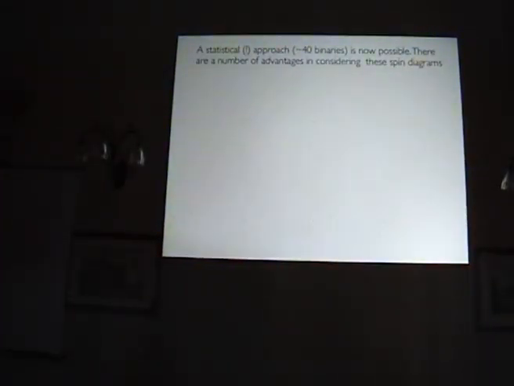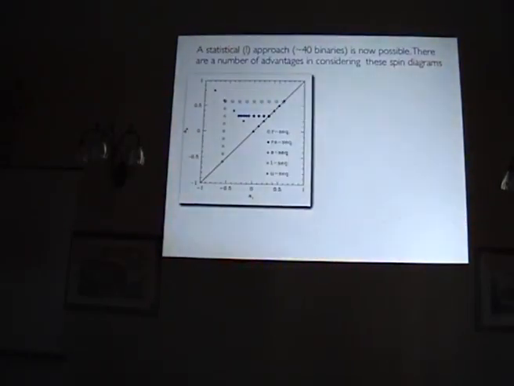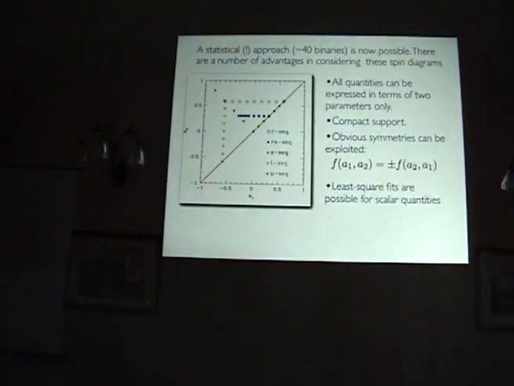Okay, so at this point we can start doing a statistical approach. And we introduce this concept of a spin diagram. Suppose that you want to fill this diagram where you have the spin of the first black hole and the spin of the second black hole, and you want to populate it with initial data and evolve them and see what happens. So we have created these sequences. And why is this interesting?